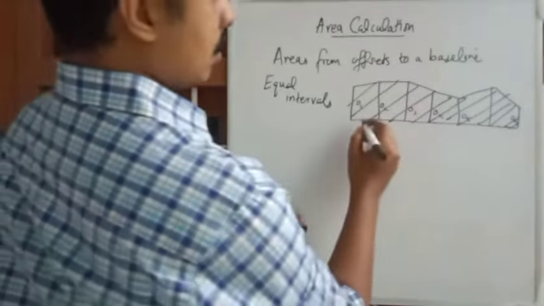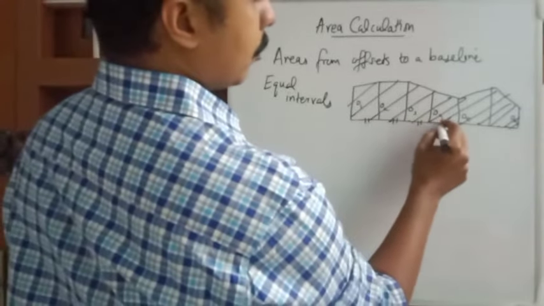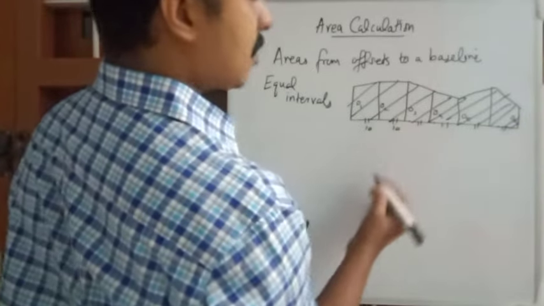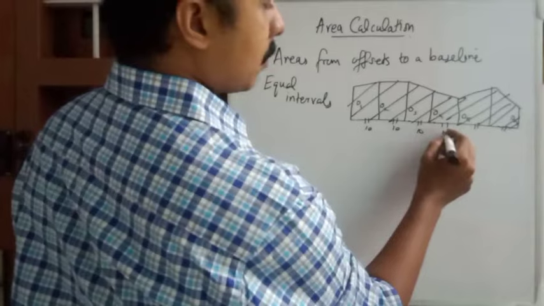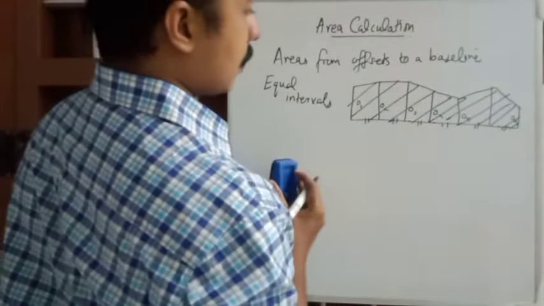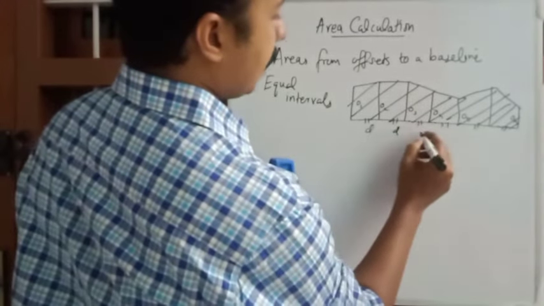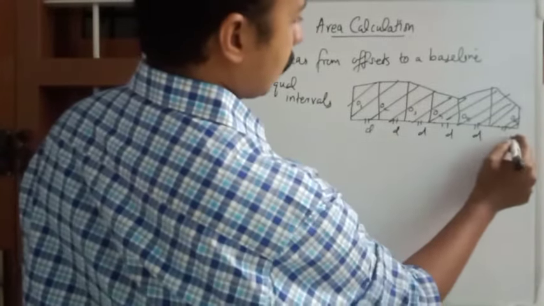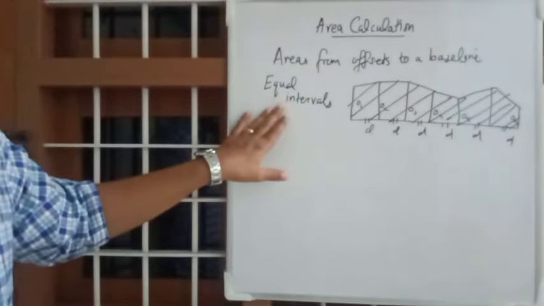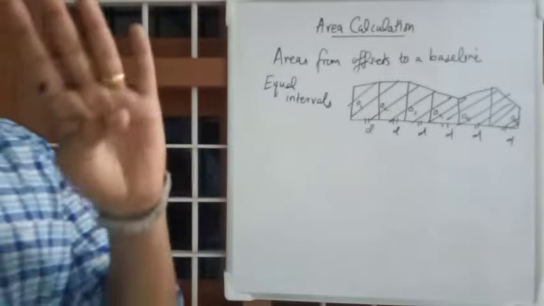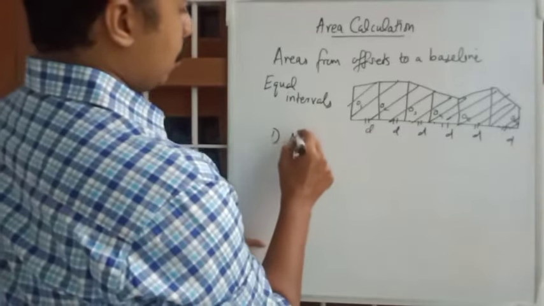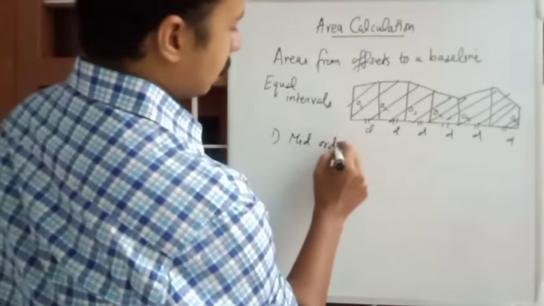Equal intervals means all these measurements will be equal. If it is 10 meters, it is 10 meters always. If it is 15 meters, it is 15 meters always. So this value will always be an equal value d. Primarily we have 4 methods. First one, mid-ordinate method.